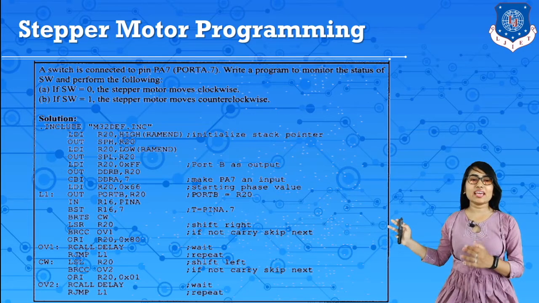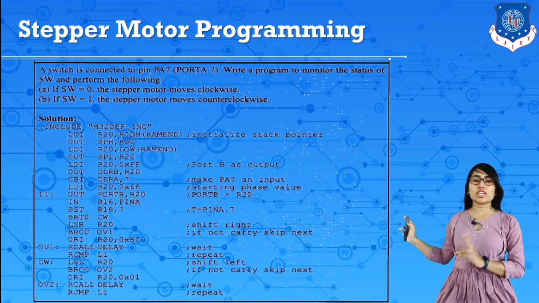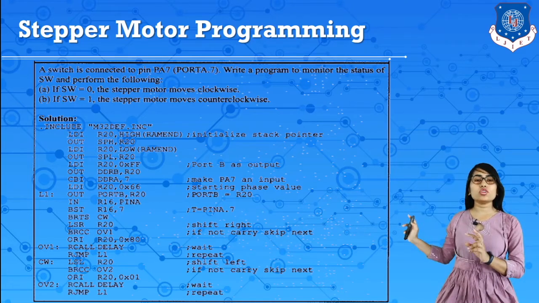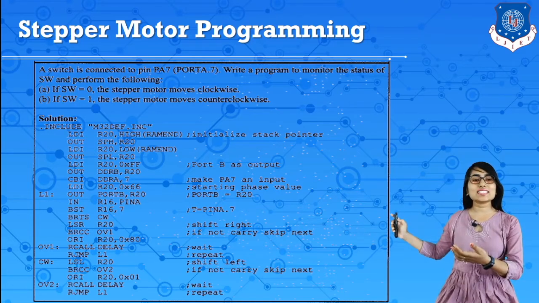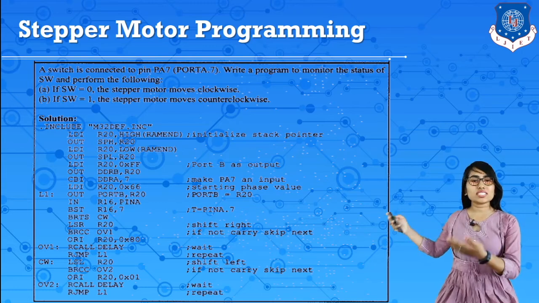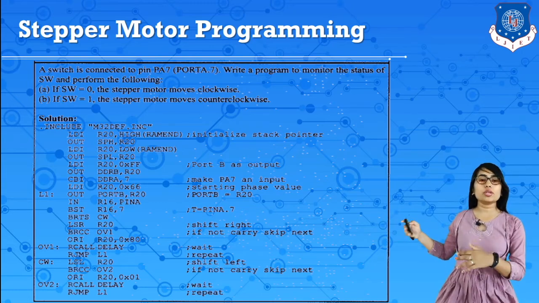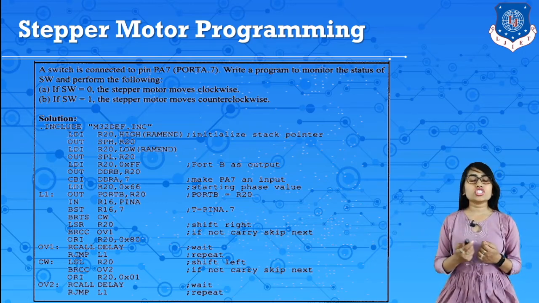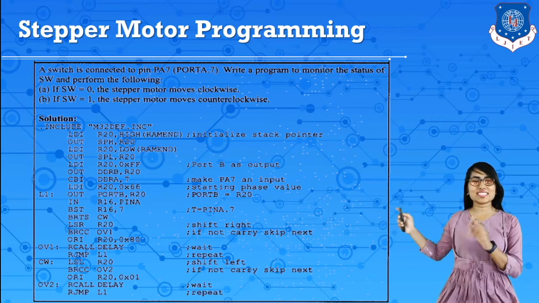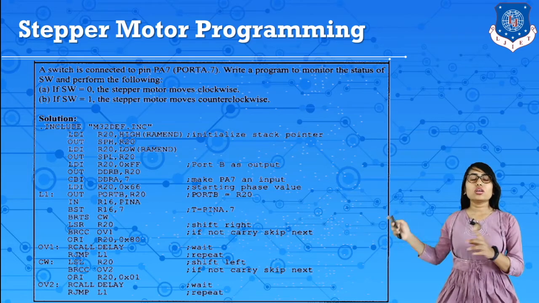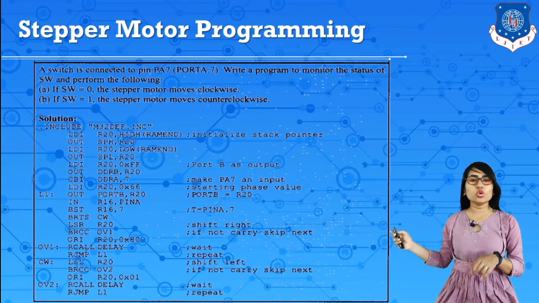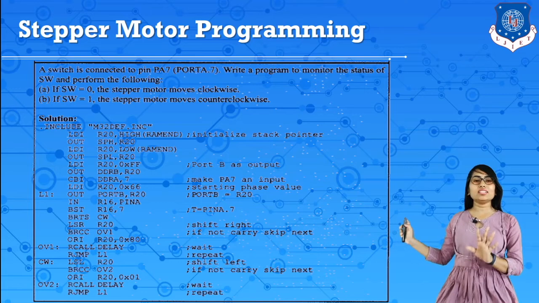Then LDI R20, 0x66. Now this is a starting phase value. Here we have two types of phase values, either 66 or 80. So depending on which direction we want, if we want to set in a counterclockwise direction or in a clockwise direction, we have a phase angle 66.